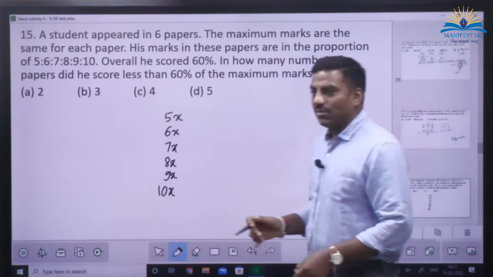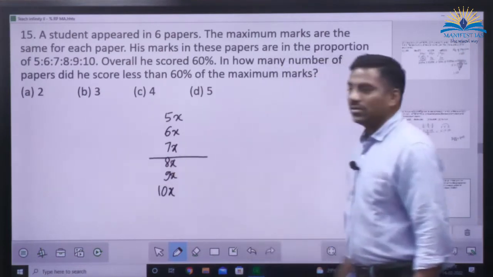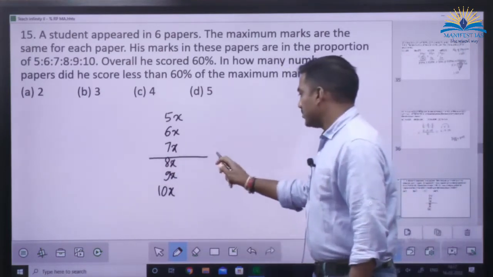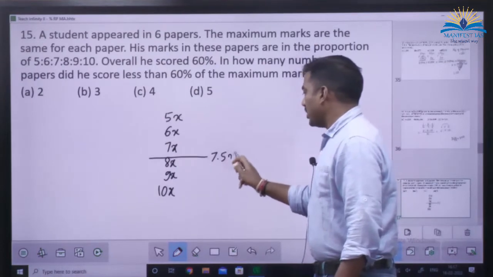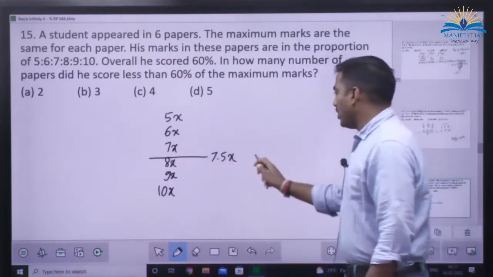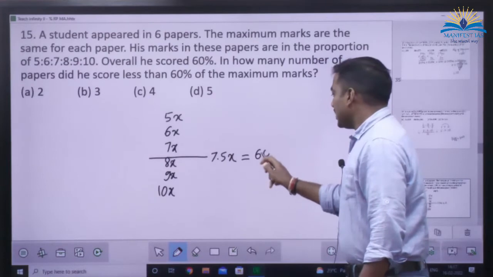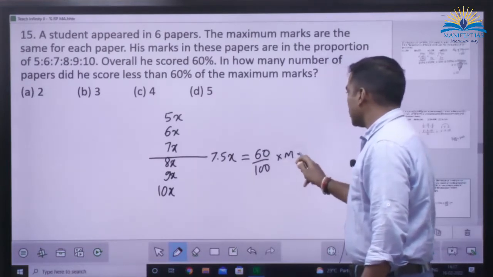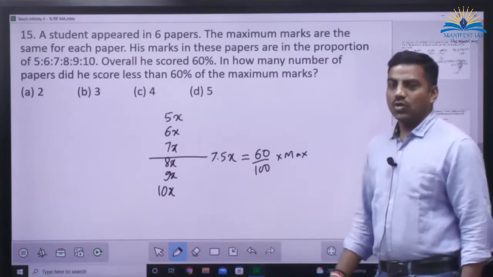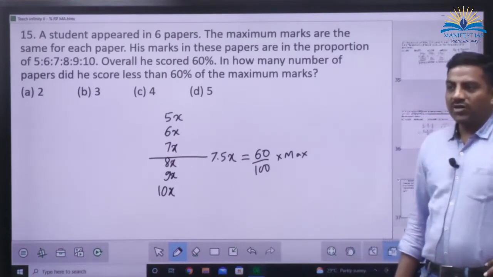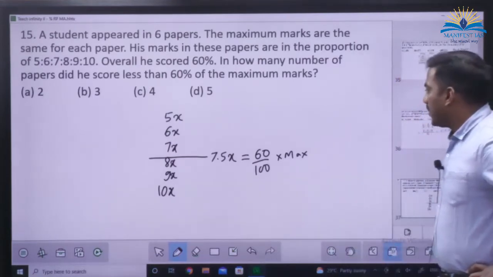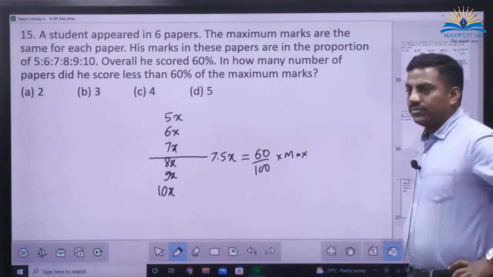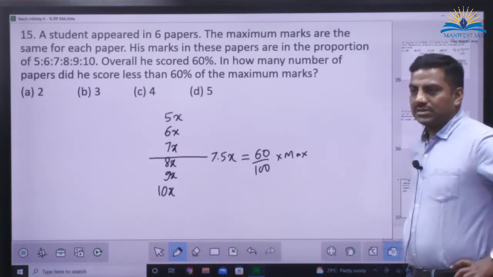Where should the average come? Exactly in the middle, no? So what is that? 7.5x. This 7.5x is nothing but 60% of maximum marks. Yes or no?